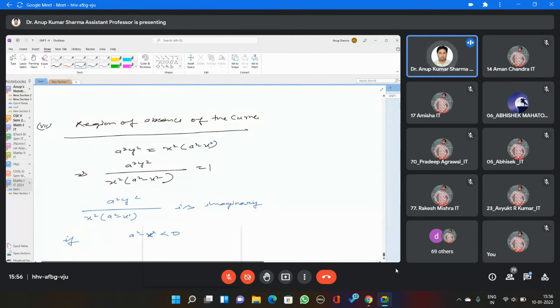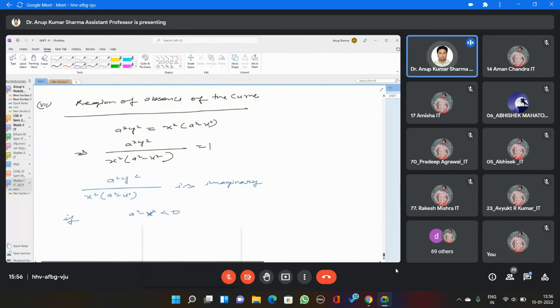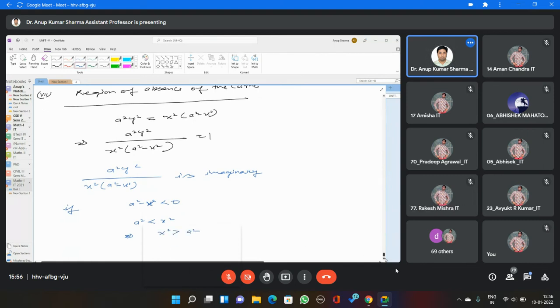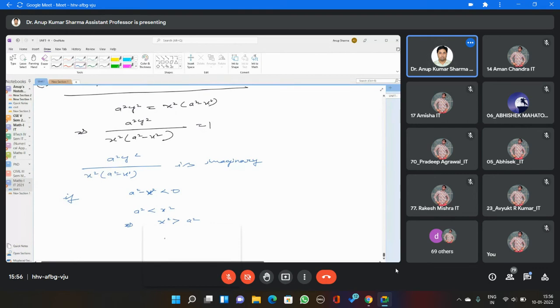When a square minus x square is less than 0, the term becomes imaginary because both sides have a square root here. So a square less than x square. This implies that x square is greater than a square, so x is greater than a and x is less than minus a.